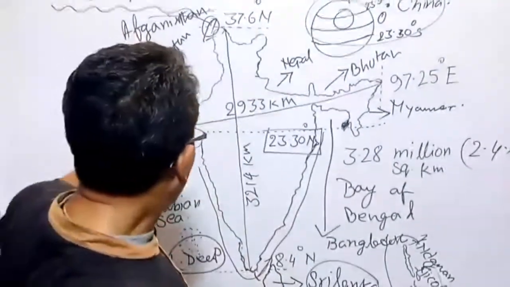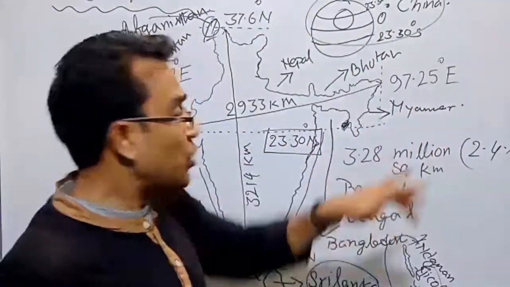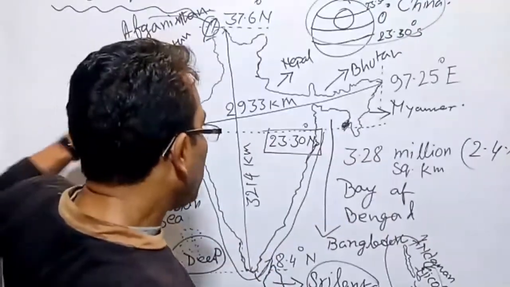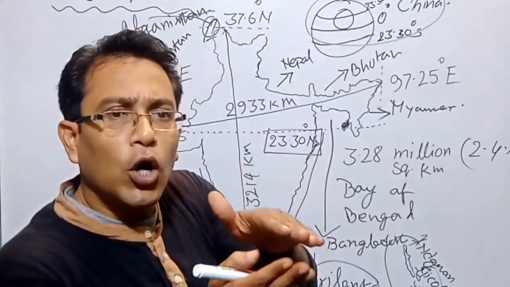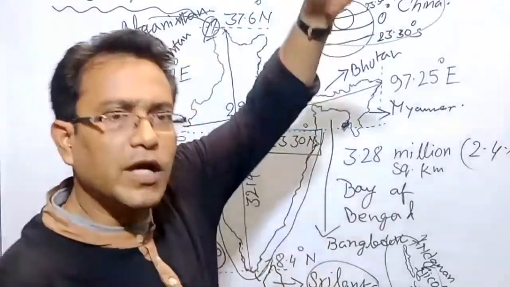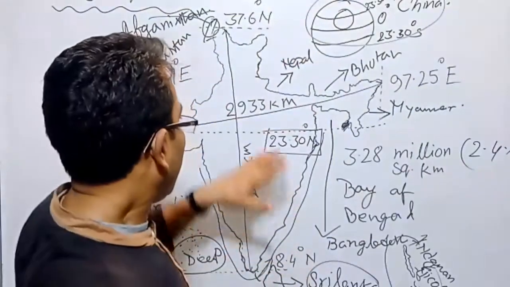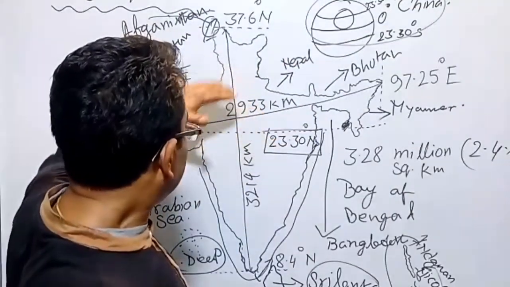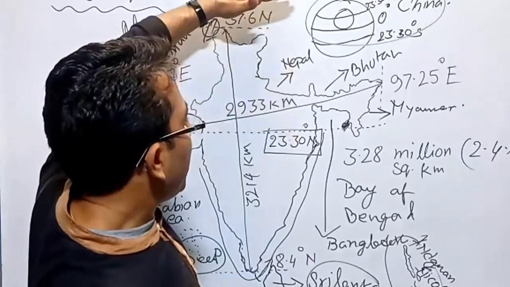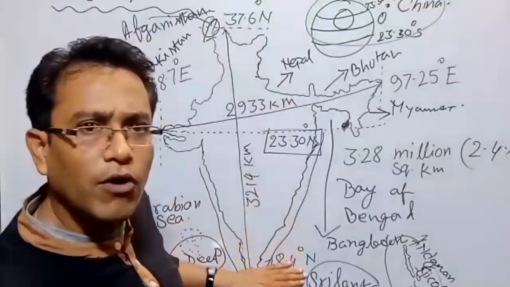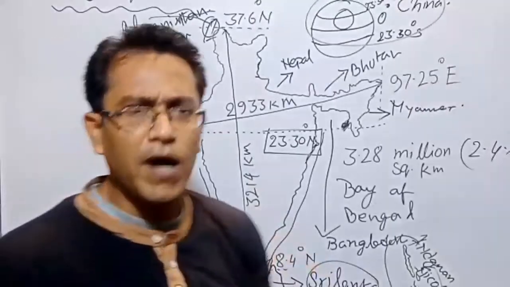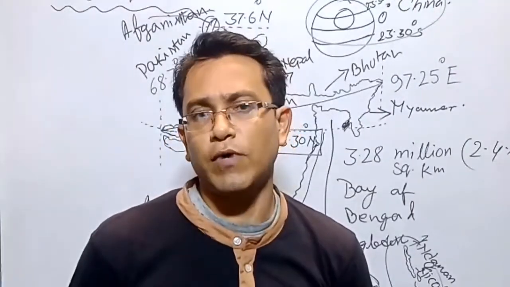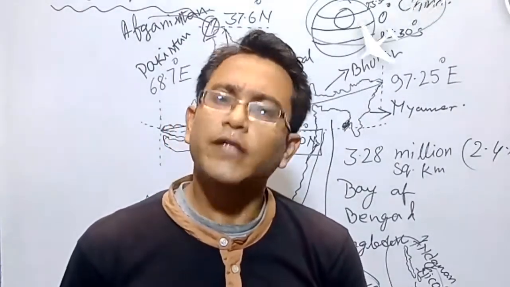The Tropic of Cancer passes almost through the middle, dividing our country into almost equal northern and southern parts. This is the northern part and this is considered our southern part. This is the glimpse or summary of the location and size of our country, India.